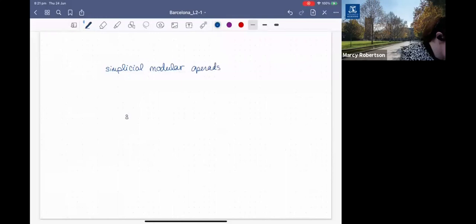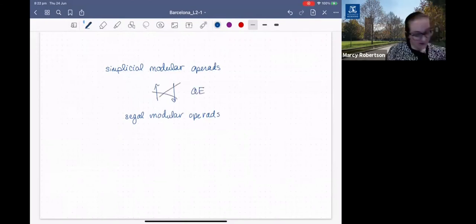So in the non-simply connected case, and then I'll put here Segal modular operads, there's an obstruction to there being equivalence here.